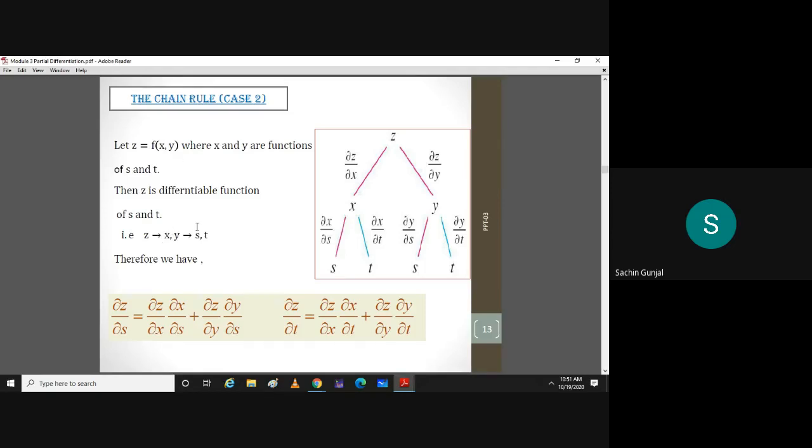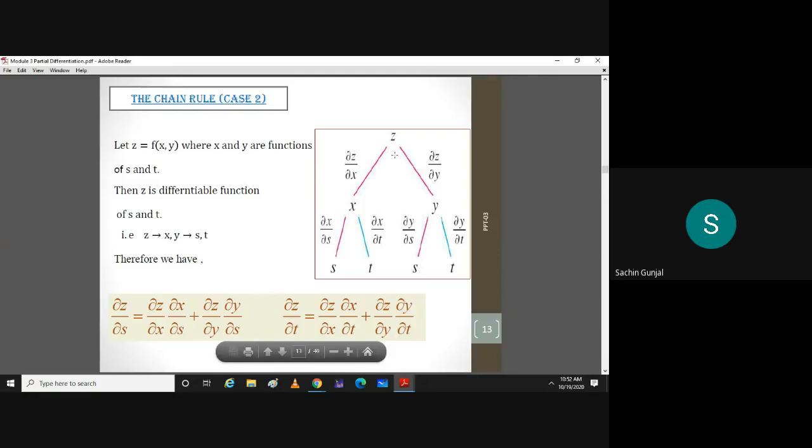Then you can calculate the partial derivative of z with respect to s as well as t. ∂z/∂s is equal to ∂z/∂x into ∂x/∂s plus ∂z/∂y into ∂y/∂s. Similarly, ∂z/∂t is ∂z/∂x into ∂x/∂t plus ∂z/∂y into ∂y/∂t.